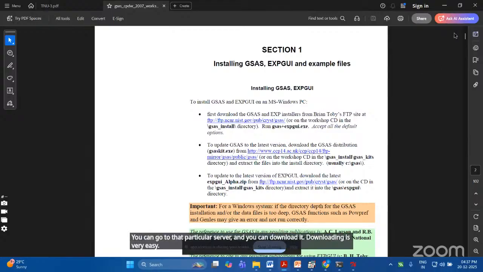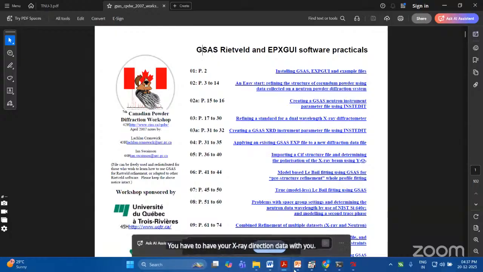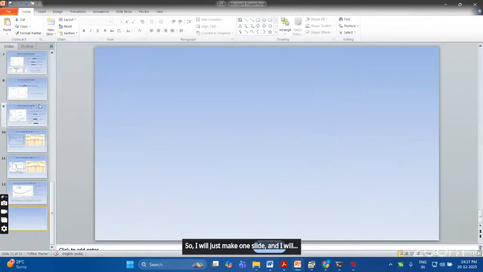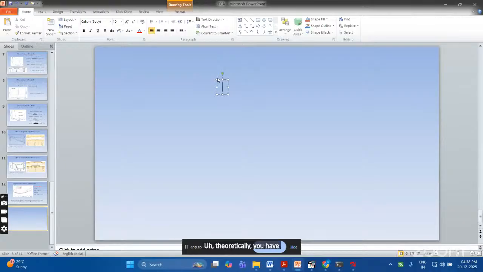Now after downloading, you have to have your X-ray diffraction data with you. So I will just make one slide and type over there. So for Rietveld refinement, what is Rietveld refinement? Theoretically you have to make a structure model.